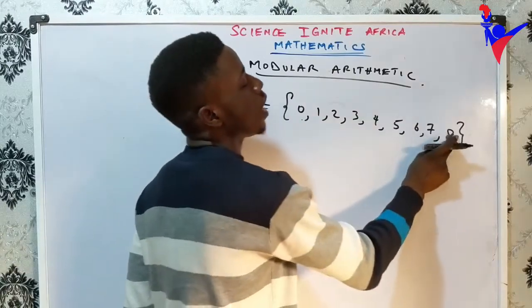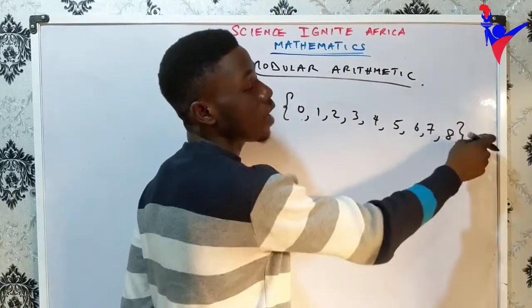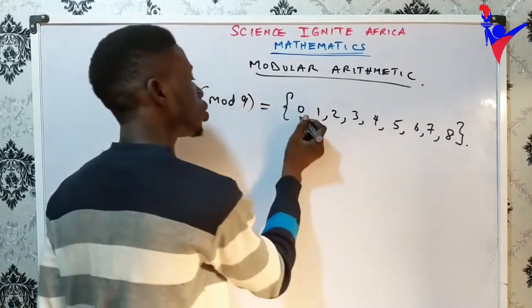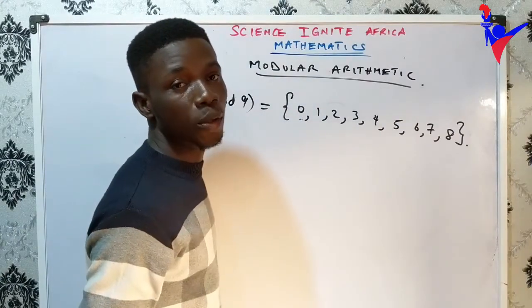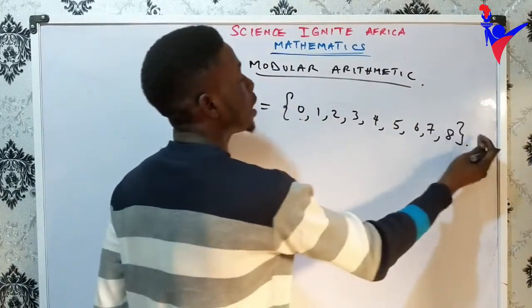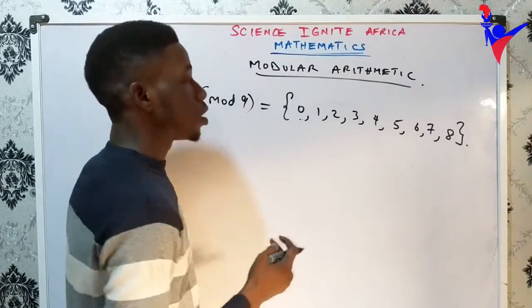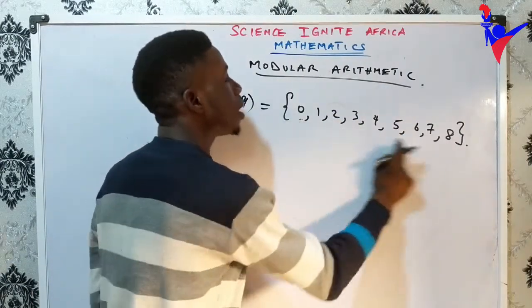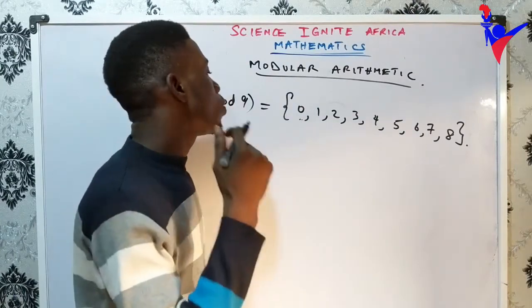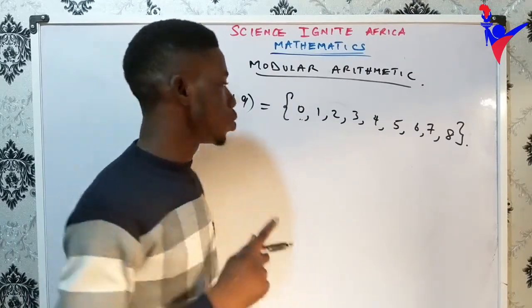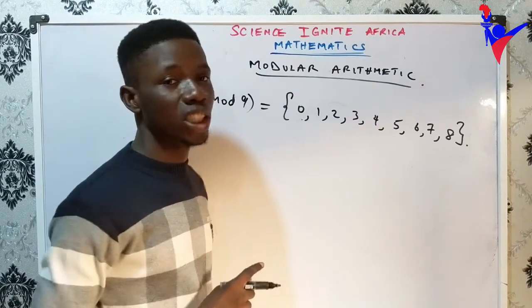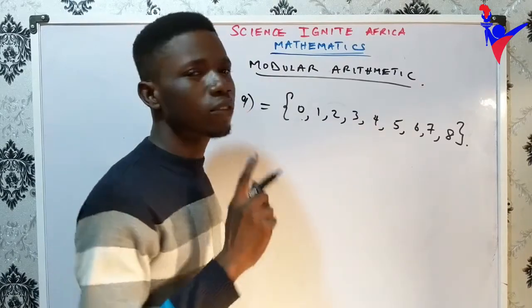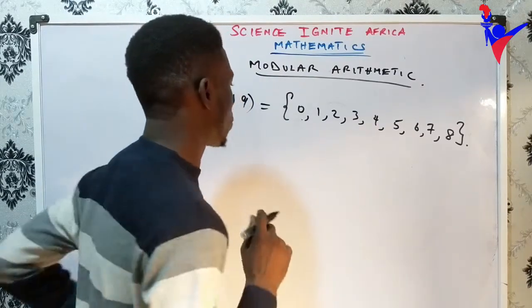So if I have a new number, after 8 we have 9, but 9 cannot be there. 9 falls here in class 0. 10 will fall in class 1. 11 will fall in class 2, and so on. So all these numbers represent a class, which implies that if I get any value and I want the answer in mode 9, then all I have to do is this very simple operation.